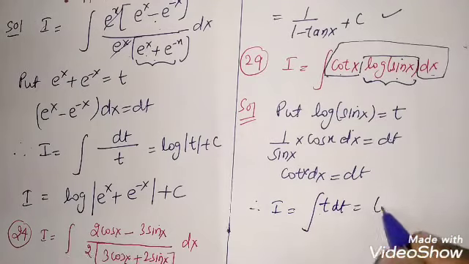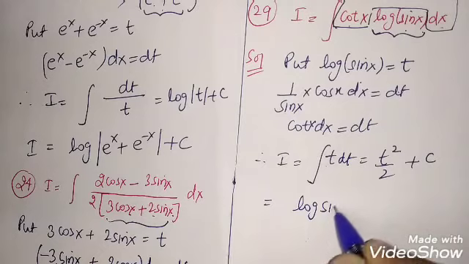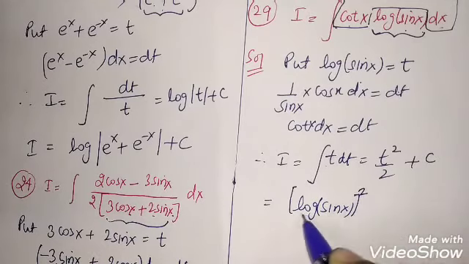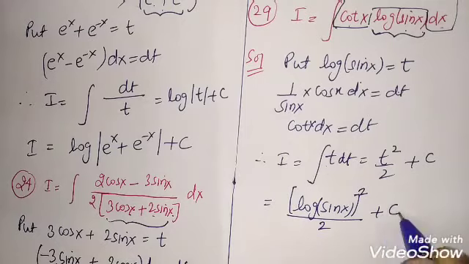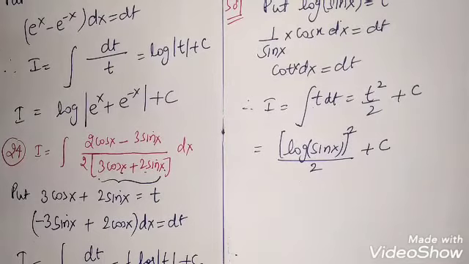So easy to calculate. T square by 2, the value of t is log sin x, so it is (log sin x) square by 2 plus c. Done. Hope you got that particular question also.